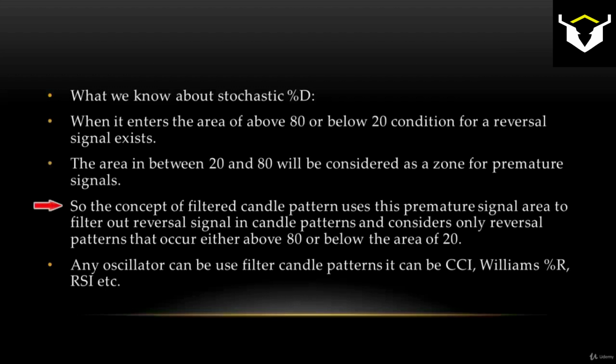So the concept of filtered candle patterns uses this premature signal area to filter out reversal signals in candle patterns and consider only reversal patterns that occur either above 80 or below the area of 20. Any oscillator can be used to filter candle patterns. It can be CCI, Williams percentage R, or RSI. So any oscillator which has an overbought or an oversold zone can be used to identify reversal patterns.